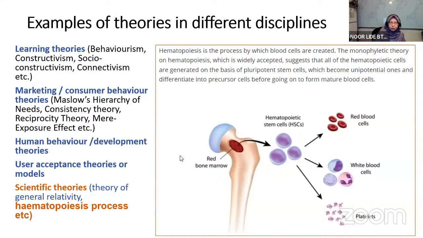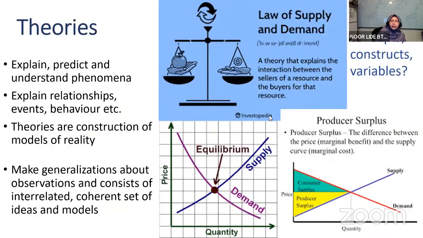All right. So from theories, probably you can tell them that when we talk about theories, there are concepts related to the theories. For example, when we talk about supply and demand, I like to use this example because it's something we are very familiar with as consumers.